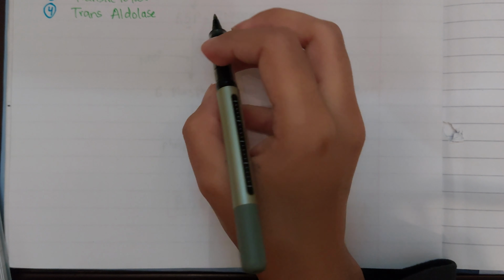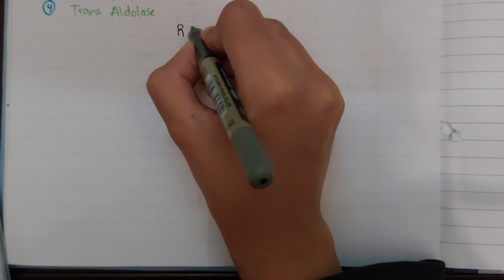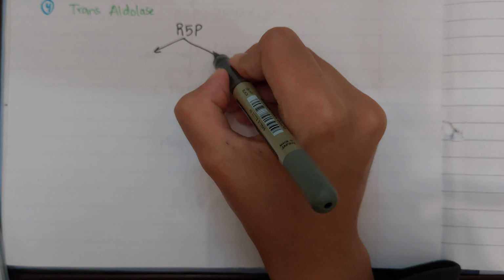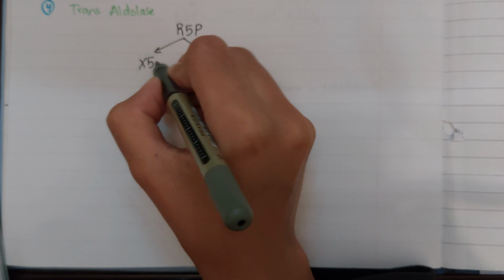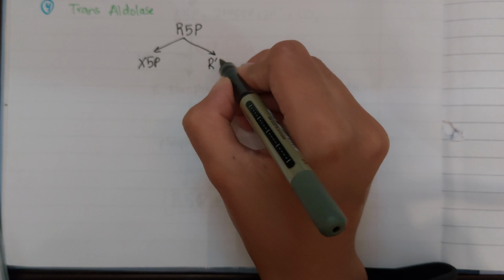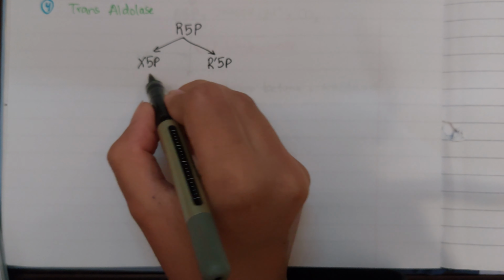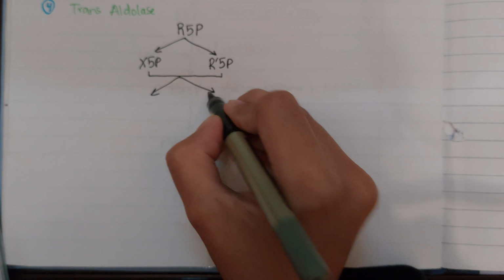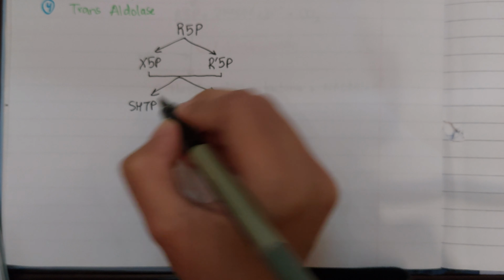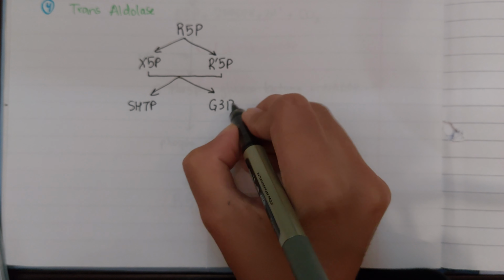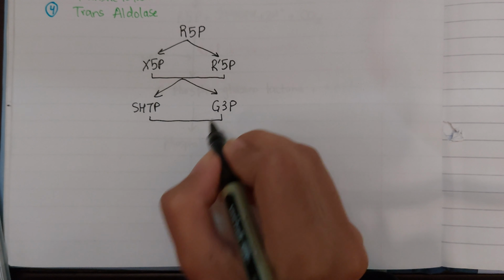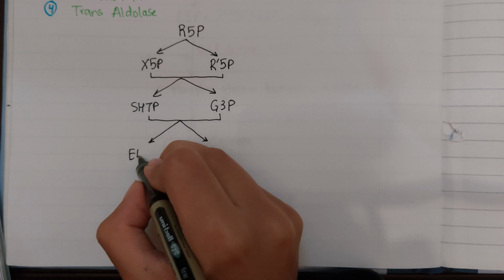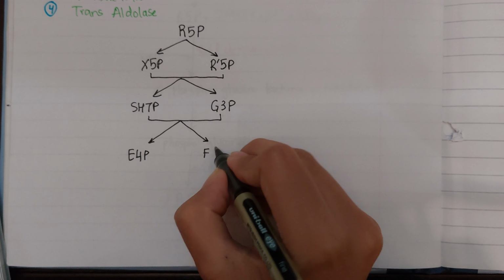It begins with ribulose 5-phosphate, which produces xylulose 5-phosphate and ribose 5-phosphate. These two in turn produce sedoheptulose 7-phosphate and glyceraldehyde 3-phosphate, and these both produce erythrose 4-phosphate and fructose 6-phosphate.